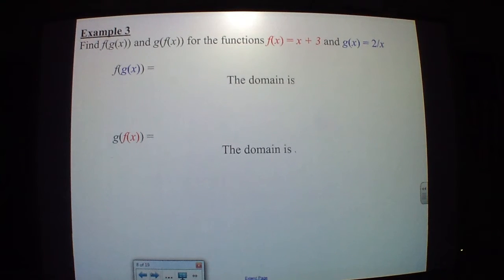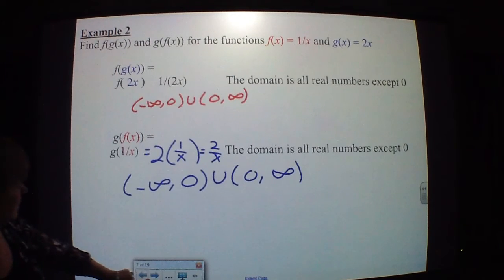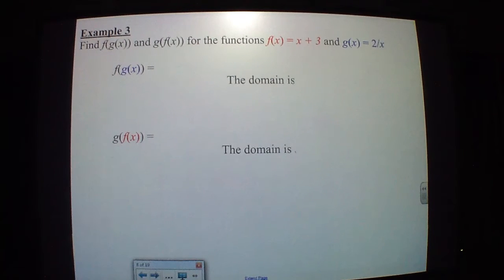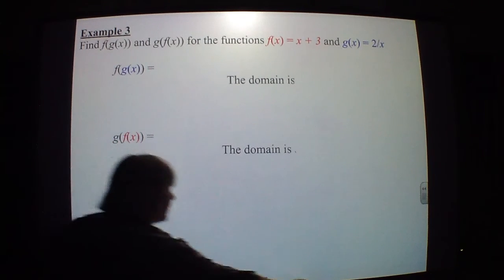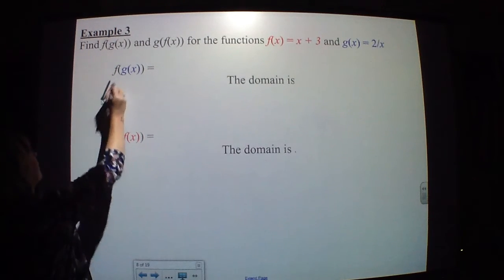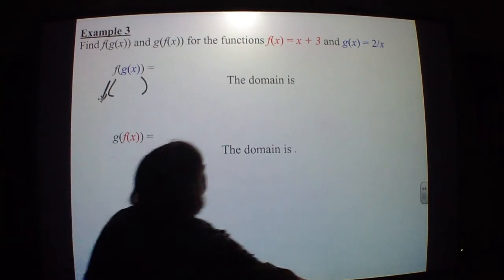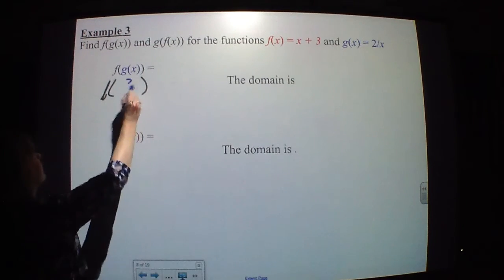Next one. I have another functions for f of x and g of x. F of x is x plus 3, g of x is 2 over x. Direct substitution here. F of, instead of g of x, I have 2 over x.